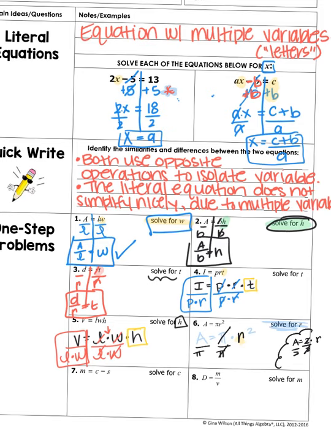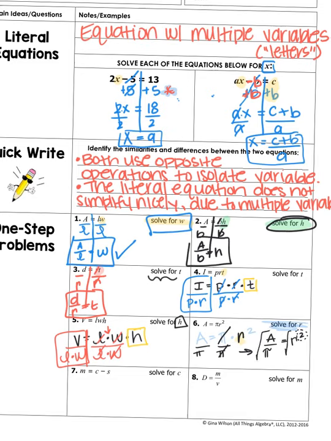Now we're left with, I'm going to rewrite our problem. A over pi equals R squared. I'm still trying to get that R by itself. So to undo a square, we take the square root.